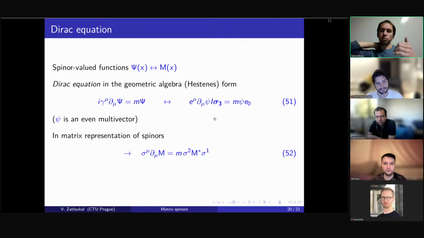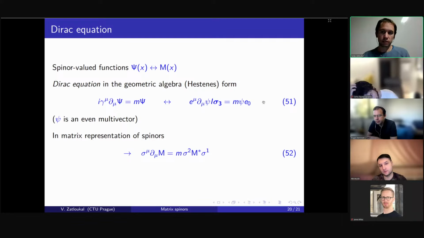And if we just go to the matrix representation, then we get 52. So this is an alternative rewriting of the Dirac equation. And Stanesh himself studied this on the level of geometric algebra quite extensively, trying to give some geometric interpretation of the Dirac equation, basically.